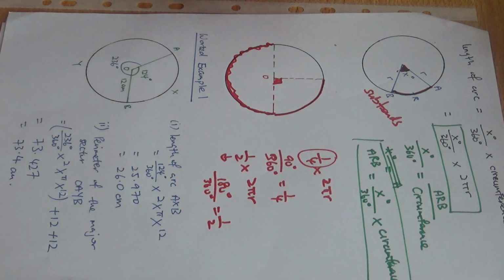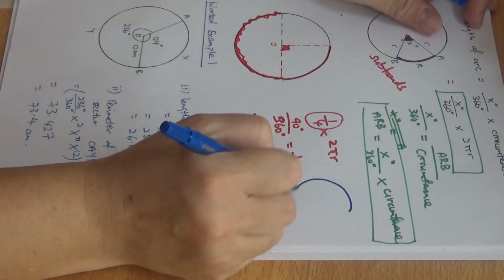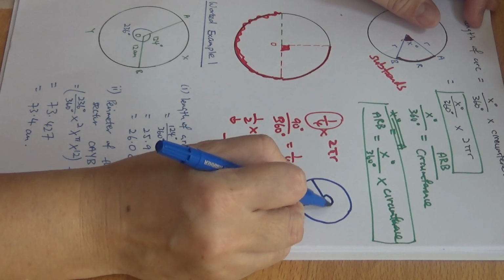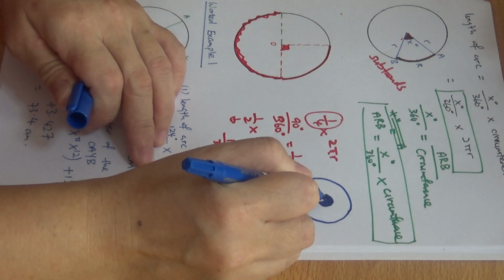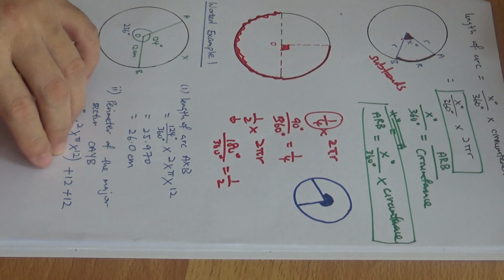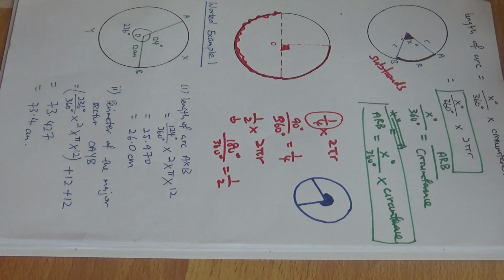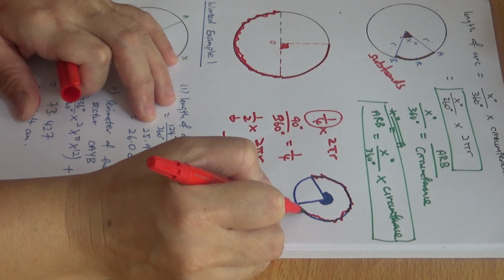Now let me just bring up this point again. If I have a circle and I have an angle here, where is the arc that subtends this angle? It will be this arc here, the whole thing here.